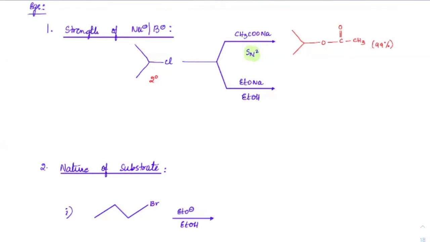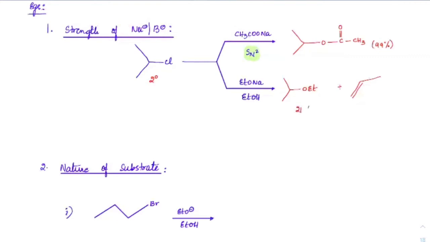But if it was an alkoxide, you can check out, this is EtO minus. As long as temperature is not mentioned, that means it is at room temperature. If the temperature is above room temperature, usually that will be mentioned. Now, here it has been found that it is OEt plus an elimination E2 product like this.